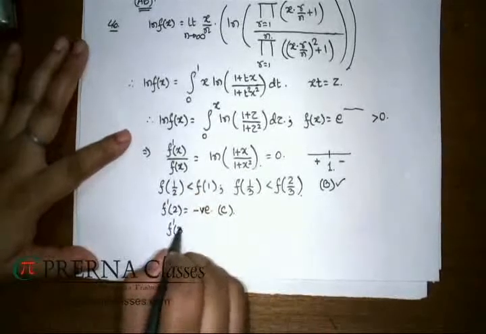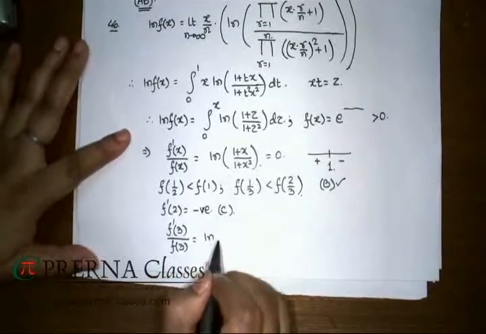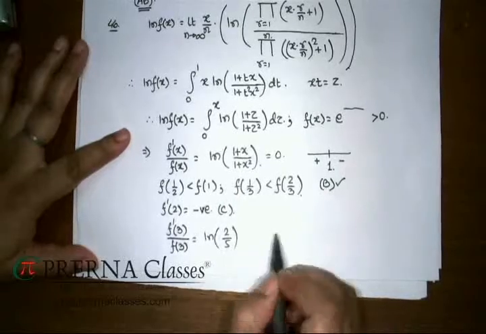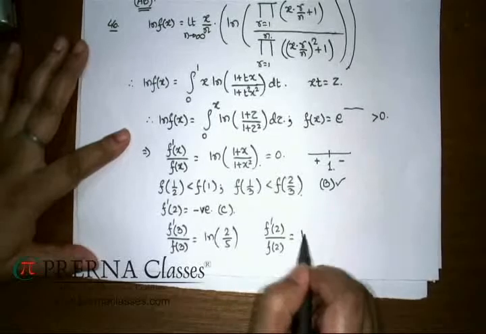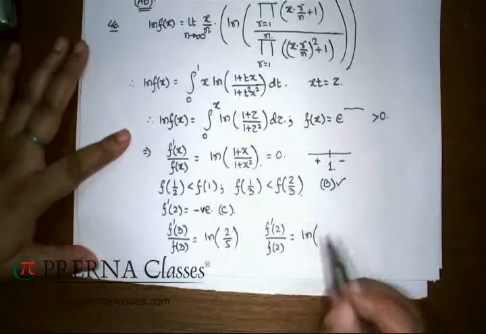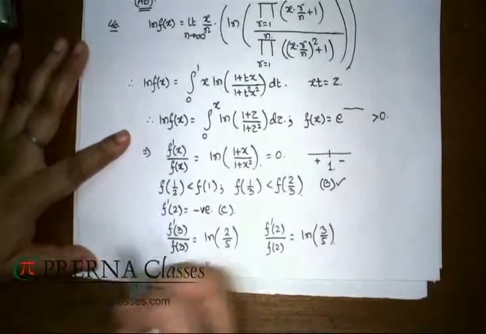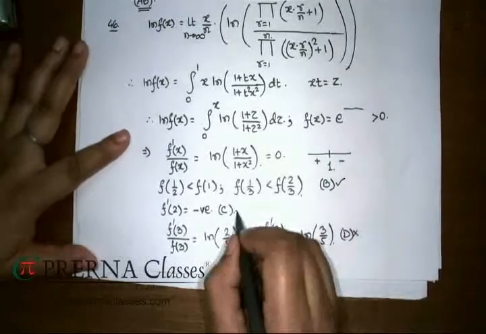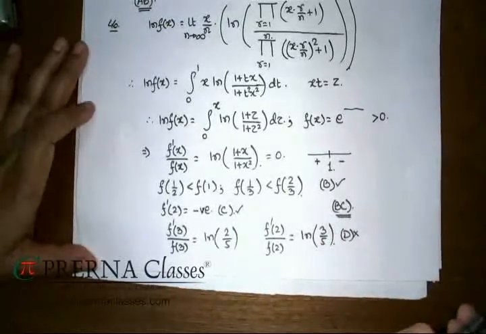And as far as the last option is concerned, f dash of 3 by f of 3 is ln of 2 by 5, and f dash of 2 by f of 2 is ln of 3 by 5. Clearly then you can check option D is not correct. Inequality sign should be the other way around. D is not correct. The correct answers here are B and C for this particular problem.